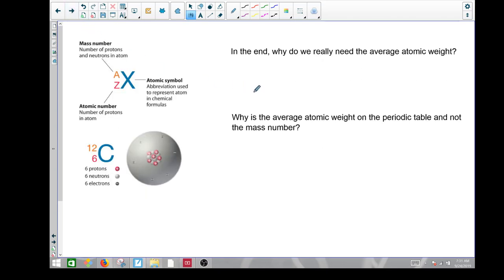In the end, why do we really need the average atomic weight? Why is the average atomic weight on the periodic table not the mass number? At this point, you may not know a whole lot about chemistry, but I'm going to show you an example. Let's say we have H2 plus O2 yields H2O.